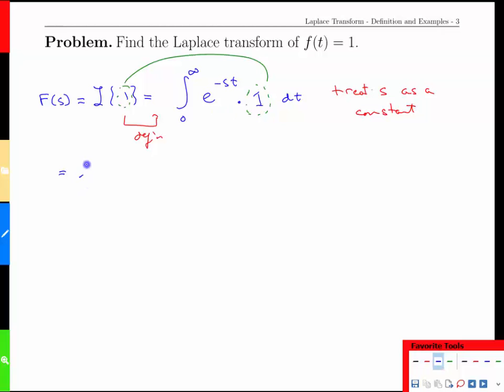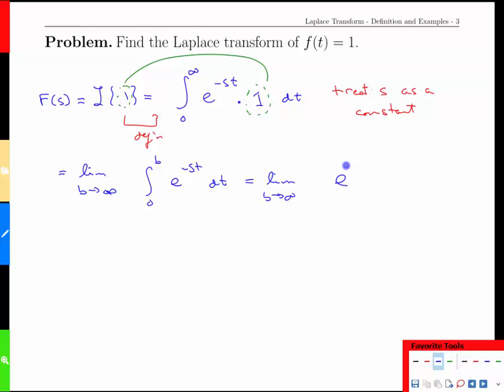So what that leaves us with, let's do the first step first, which is to rewrite this as a proper integral from 0 to b, but with a limit afterwards that'll let the upper boundary go to infinity. We can ignore the 1, it's just a multiplier that disappears or can be invisible. Our next step is to actually evaluate the integral. We copy the limit down, and then we ask, well, what's the integral of e to a constant times t?